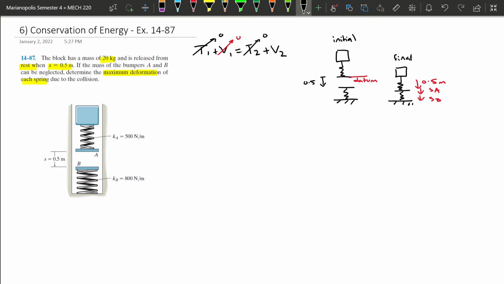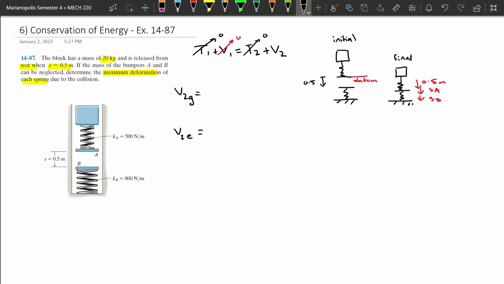Now that we have our datum specified, I'm going to write final here, and we can solve for our V2. We're going to have a V2 due to gravity and a V2 due to the elastic energy, right?